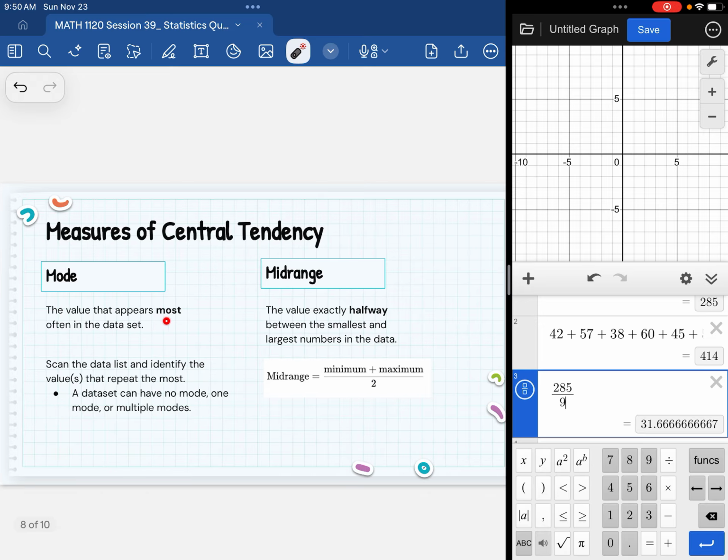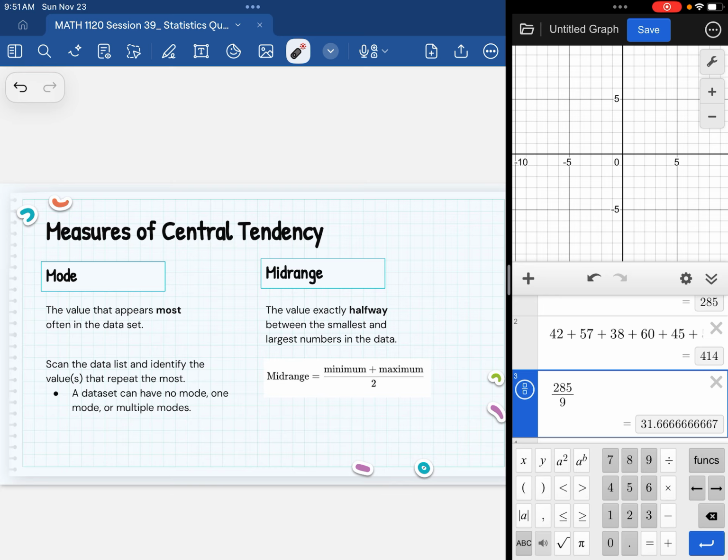Your mode is the value that appears most often. One thing I wanted to highlight on this is there's no calculation for it. You have to be diligent in looking at your list of data to make sure you identify the value that repeats the most often. Here's something else to note as well. It is possible for a data set to have no mode.